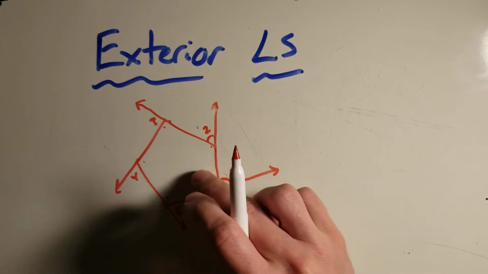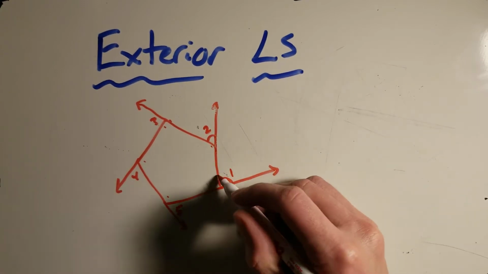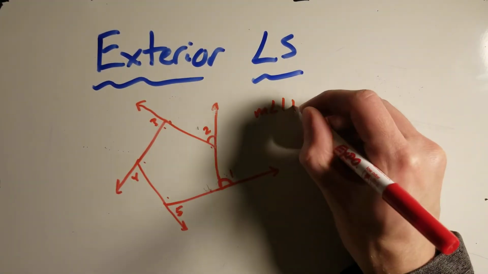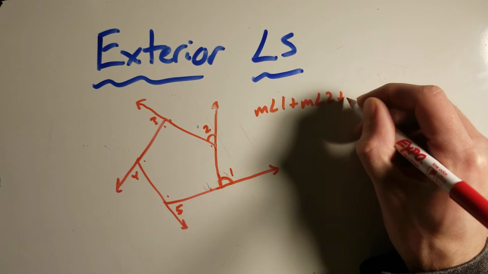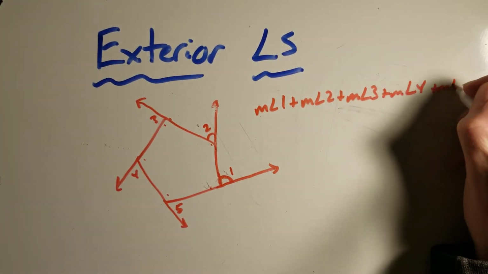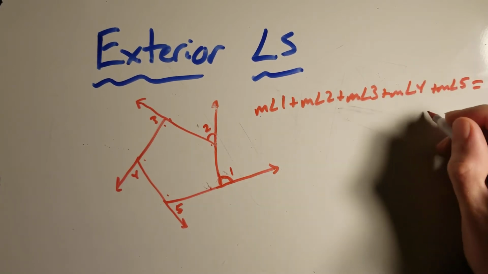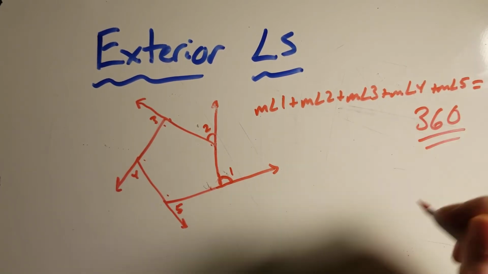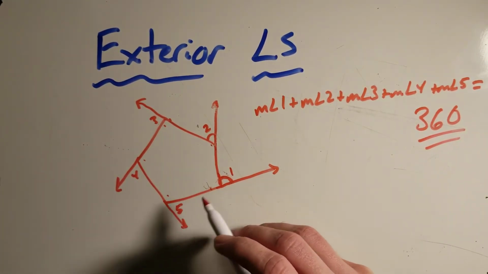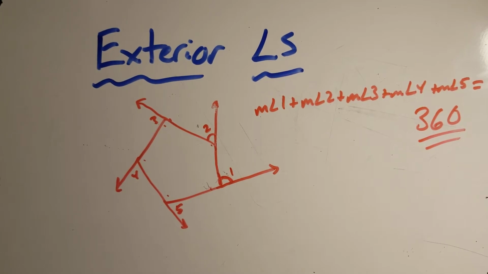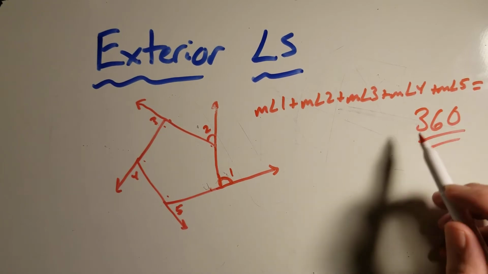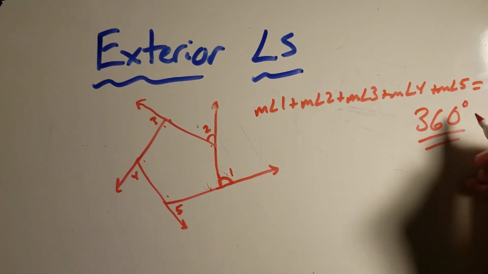If you add up the exterior angles, angle 1 plus 2 plus 3 plus 4 plus 5, if you add up all their measures, they're equal to 360 in all polygons. It doesn't matter if you're in a pentagon, a quadrilateral, a triangle, an octagon, the exterior angles always add up to the same thing, and that's 360 degrees.